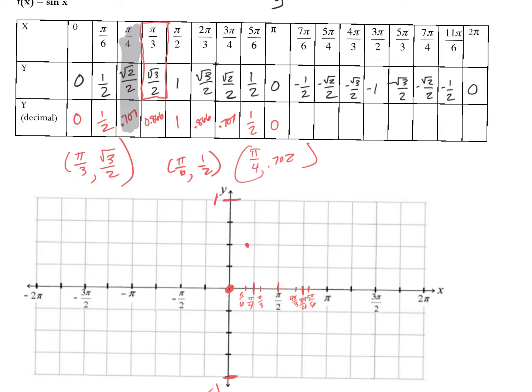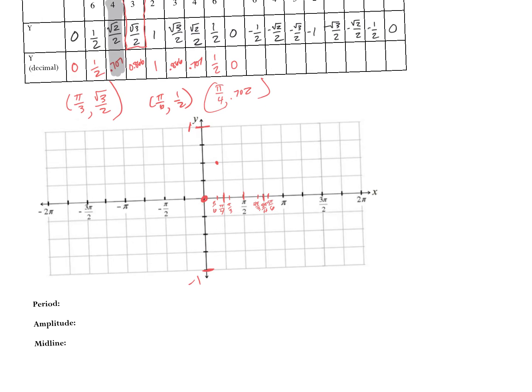Now, to plot pi over 4 and then 0.7, pi over 4 is the line. 0.707 is going to be just short of that third line because it's not quite 0.75. Okay, so about 0.707 is right about here. Pi over 3 and 0.866 is going to be just about here. And then pi over 2, 1.